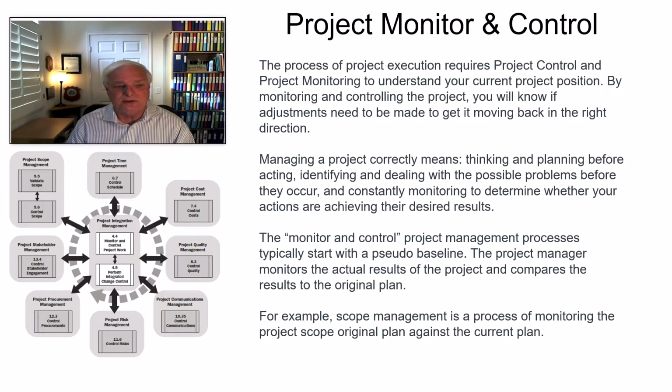You'll see the knowledge areas in the PMBOK model underneath my image here: 4.4 within the PMI guide, monitor and control project work, and then perform integrated change control. Those are all married together along with all of these other areas. So you can see how much interconnectedness, or splintering, happens within project monitoring and controlling.